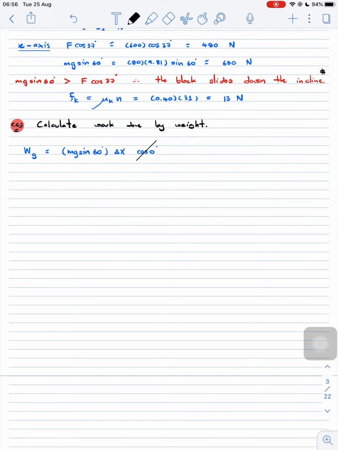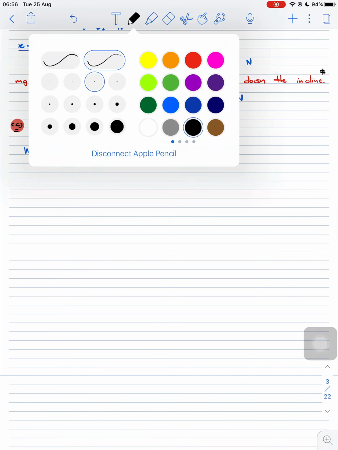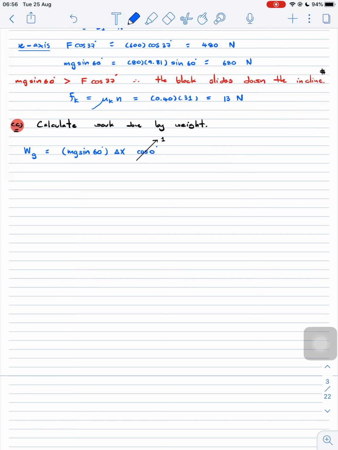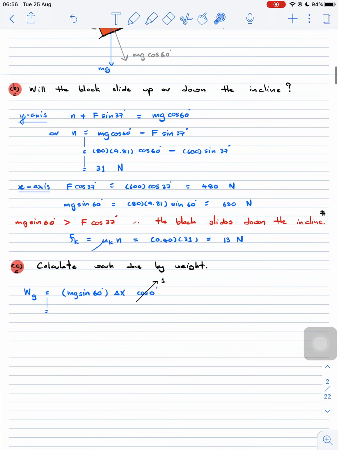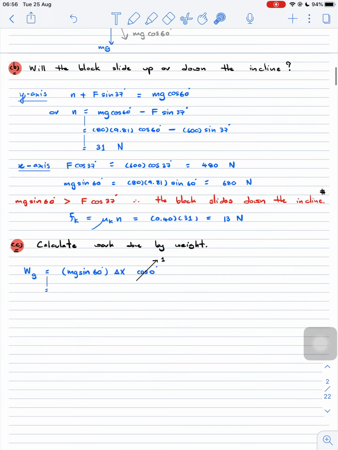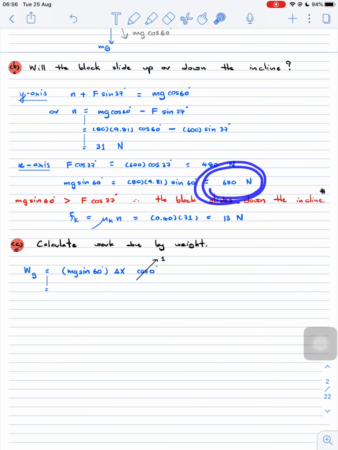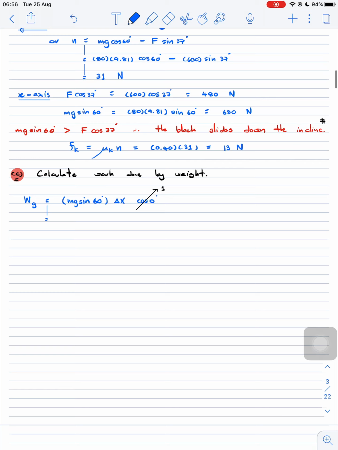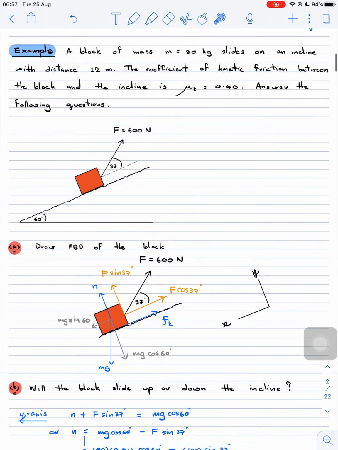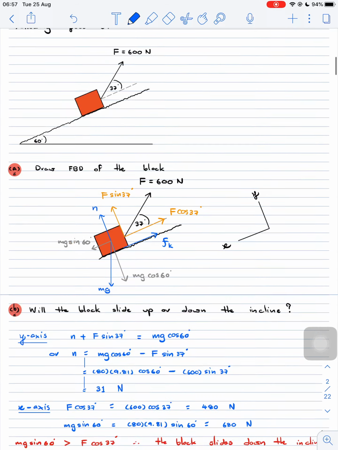So cosine 0 degree is equal to 1. Now plug in the numbers. Mg sine 60 is equal to 680 Newton, times the displacement delta x, 12 meter.